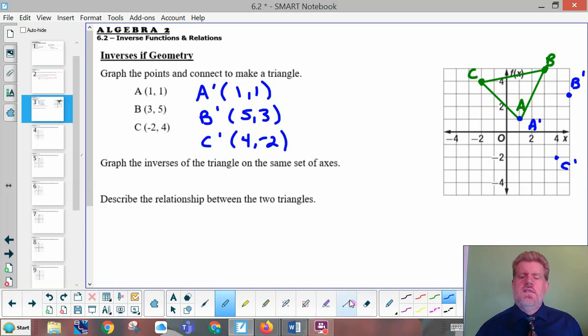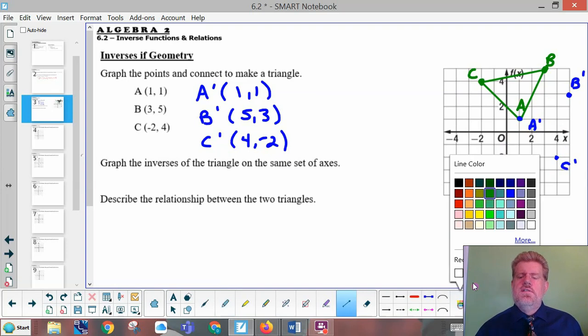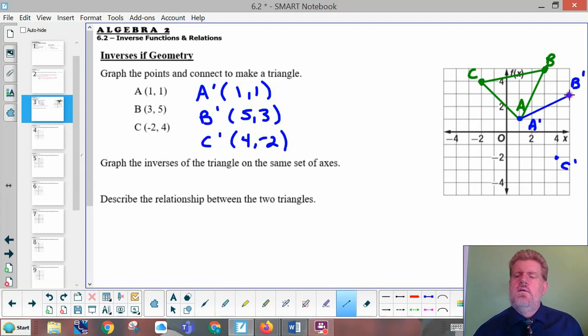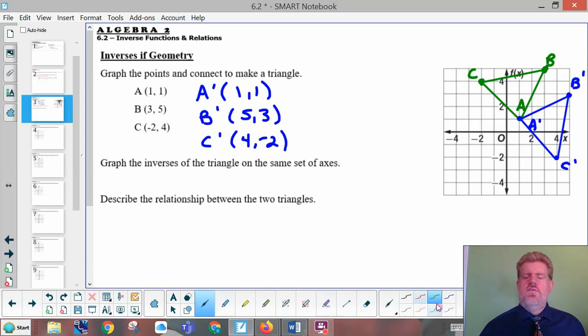All right, now let's make this triangle and see what we've got. There's that one. There's that one. And there's that one. So what is those two triangles' relationship? What does it look like? Now, do you remember from last year what you used to call those things?